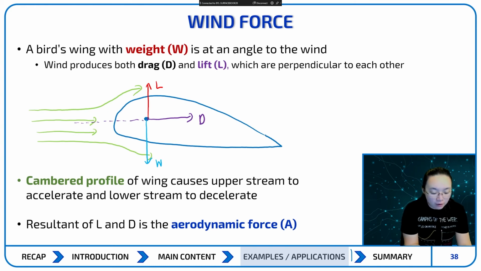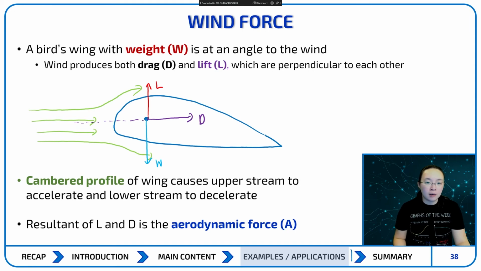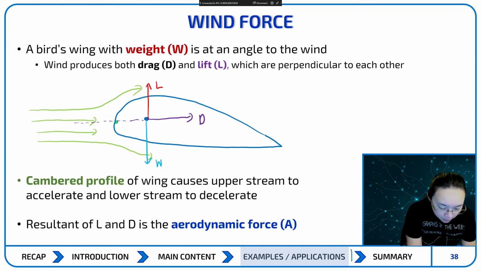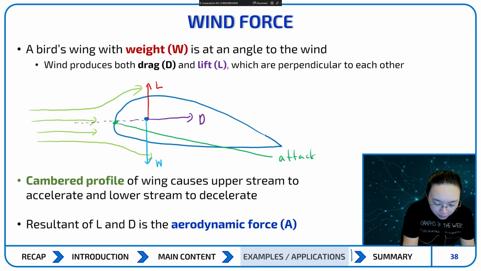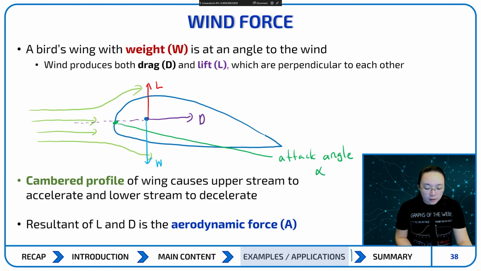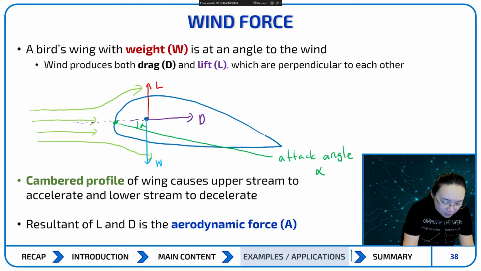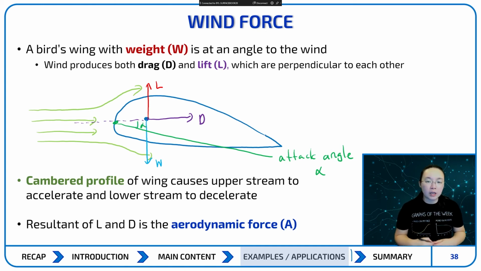So the attack angle is basically at what angle does it hit the bird's wing. So over here, you'd have some sort of linear line, like that. That is your attack angle, alpha. And so with your attack angle, and this being alpha, you'd be able to do further analysis with that.